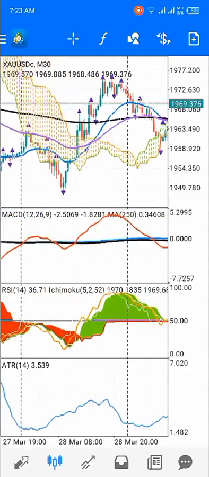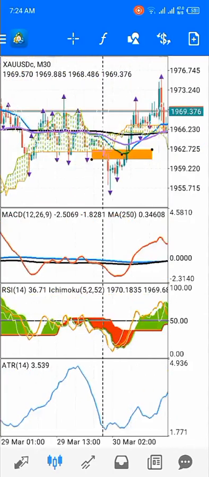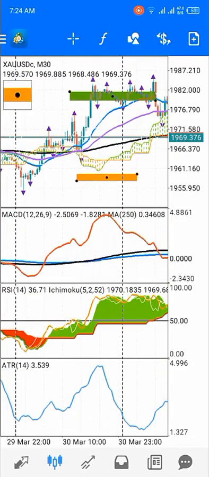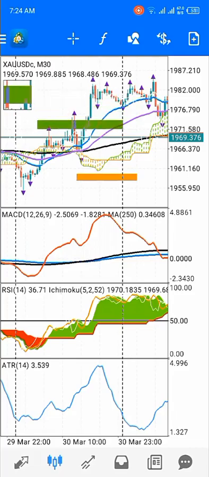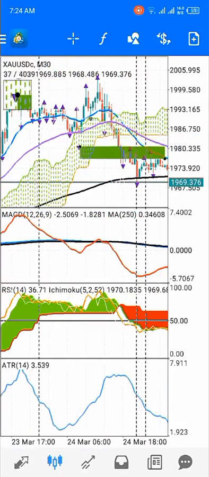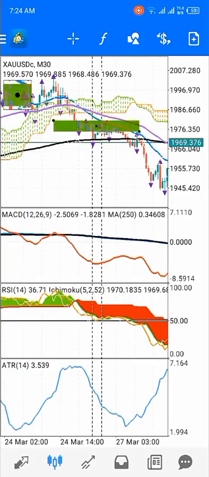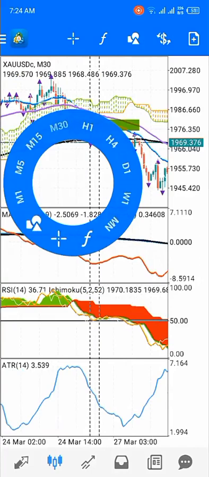That's a good place to place a sell trade. So if you place a sell trade around here, you can scalp sell.